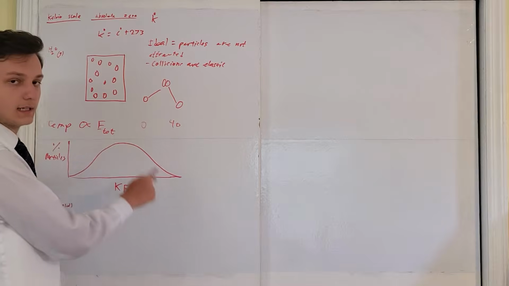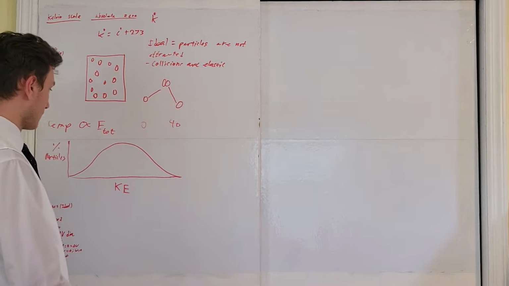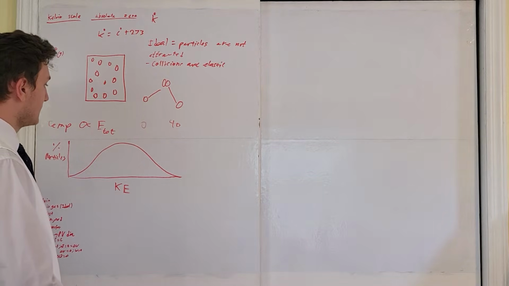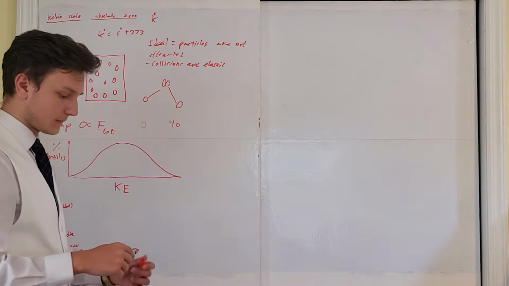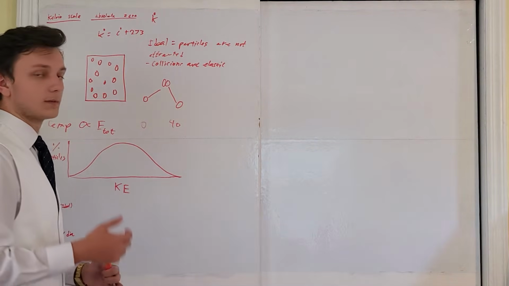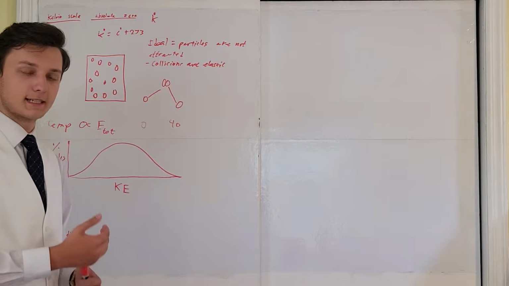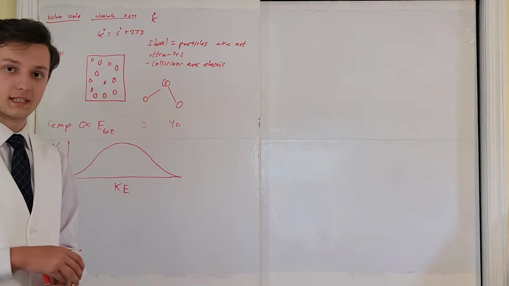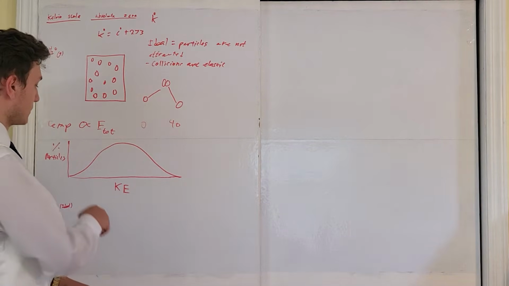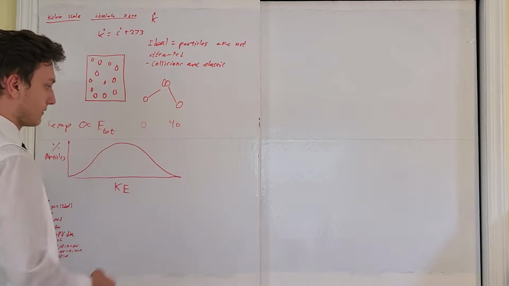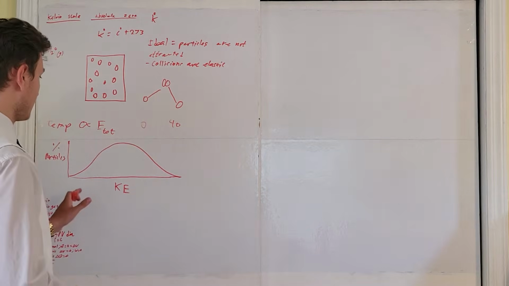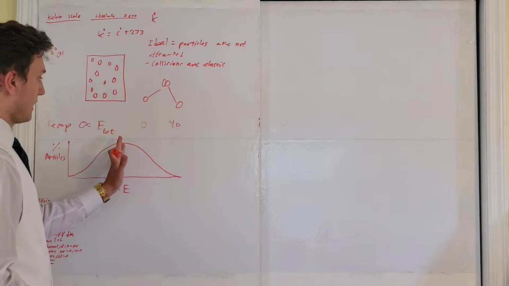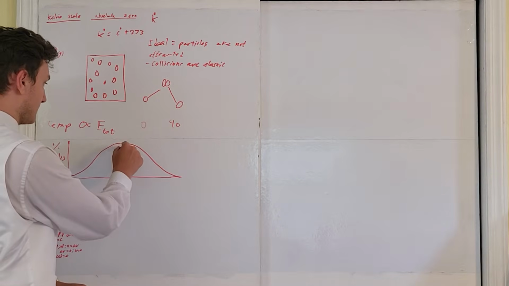So here you can see that our graph looks like a bell curve. What is this telling us? It means that, first of all, not all the particles in the gas have the same kinetic energy. They don't all move at the same speed. Kinetic energy of the particles exists on a bell curve, which means there exists an average kinetic energy right in the center.